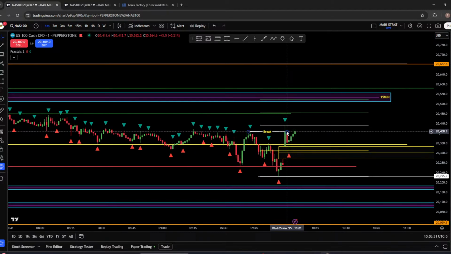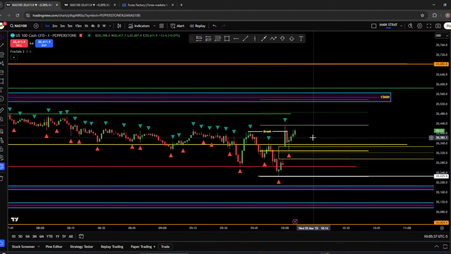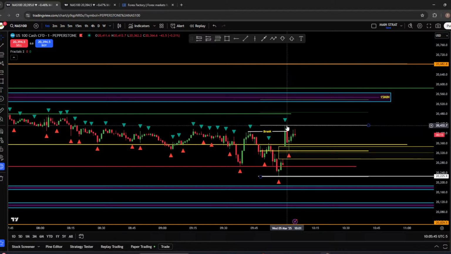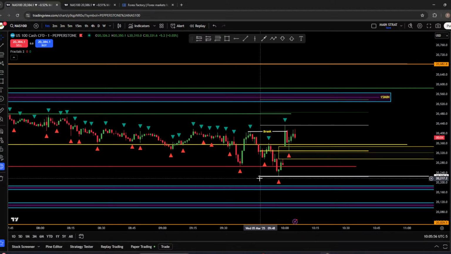Yeah, that was definitely a bear trap. In any other world, that trade would have played out just fine.